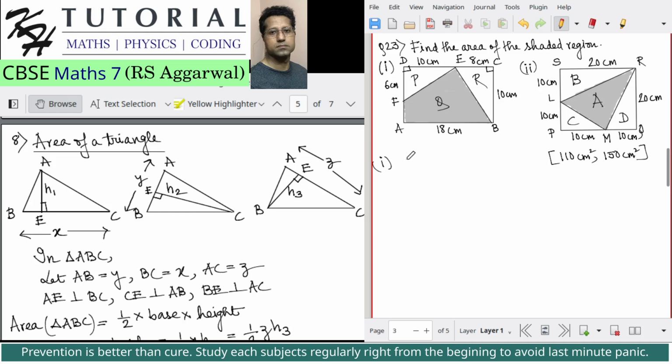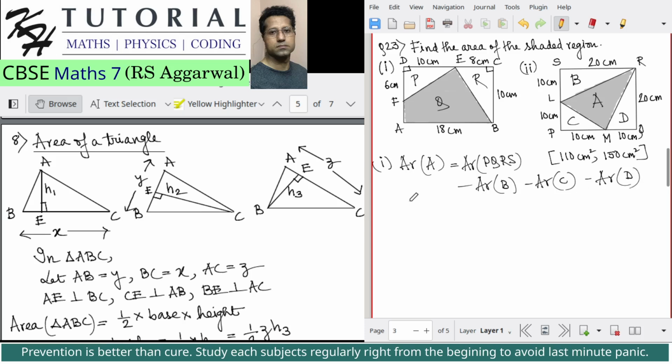Okay, so area of the shaded region A is nothing but area of the square PQRS minus area of the triangle B minus area of the triangle C minus area of the triangle D.